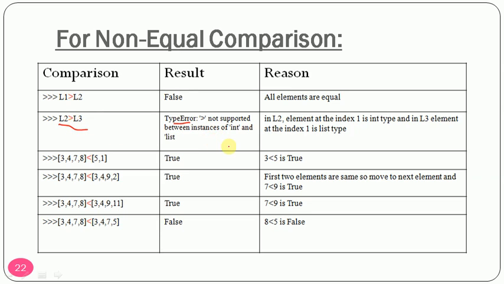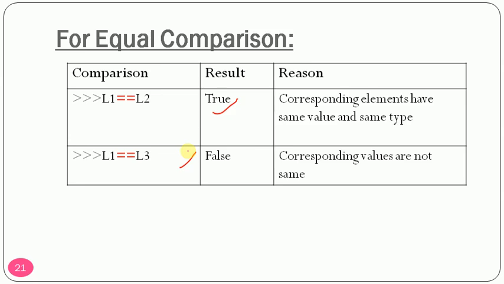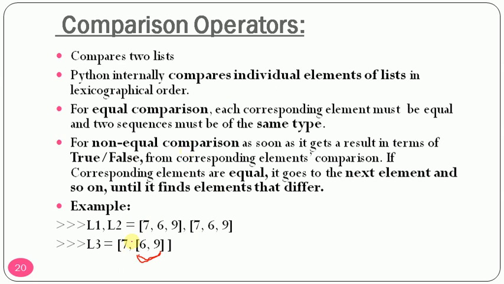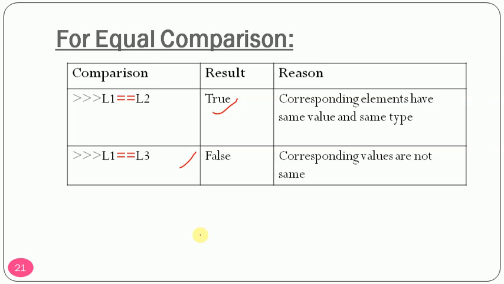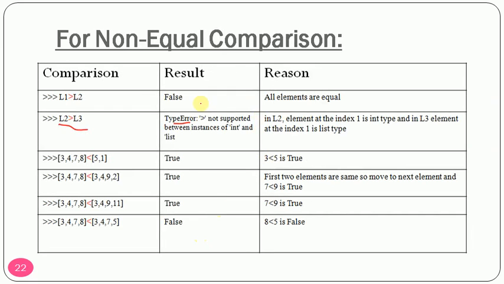L3 is nested. When we compare L2 and L3, the 7 and 7 can be compared, but 6 cannot be compared with 6 and 9 because this is a list and this is an integer. So such a comparison is not possible, and it will generate a type error.